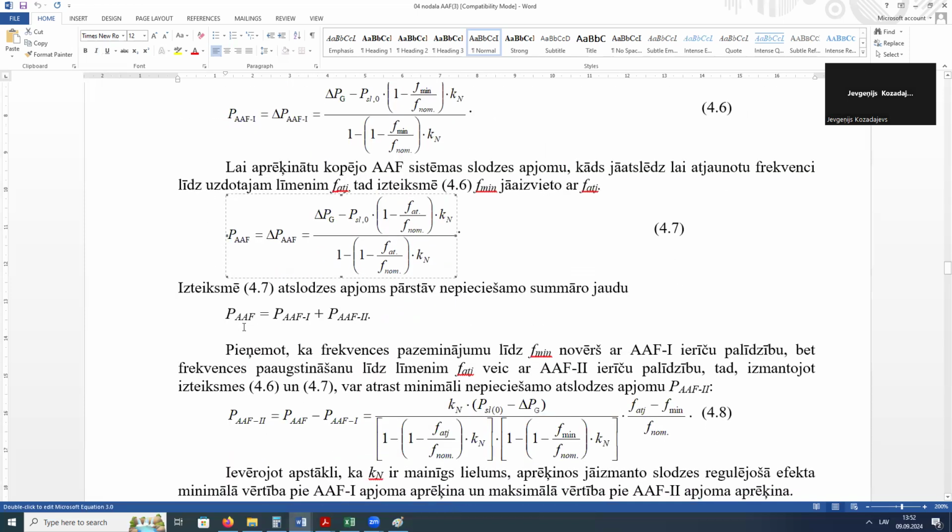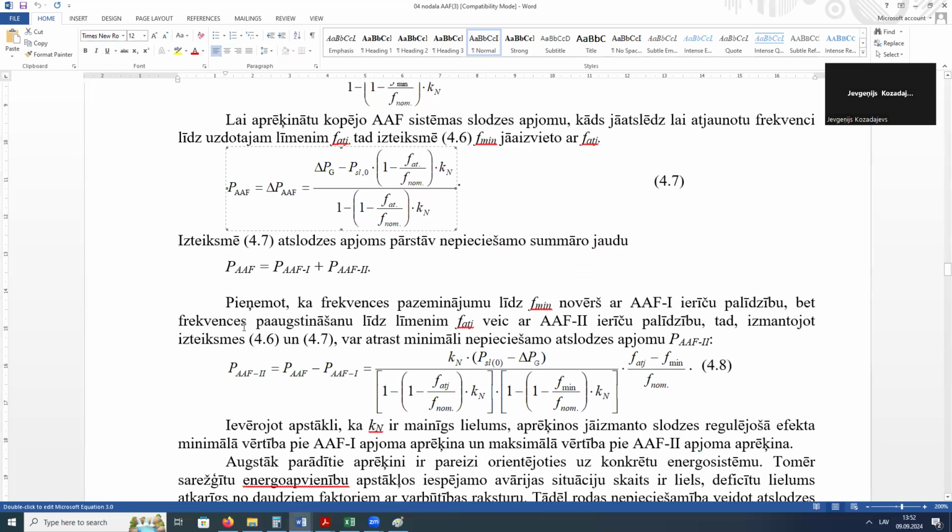And the second one is how much power we need to connect to the second type of automation to restore the frequency. And F restored is the value of restored frequency. This is formula 4.9.